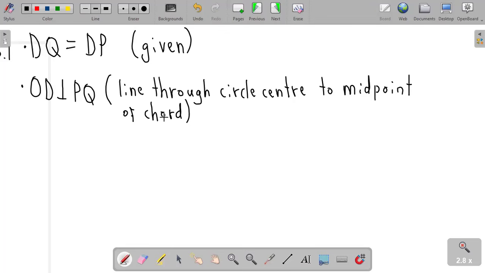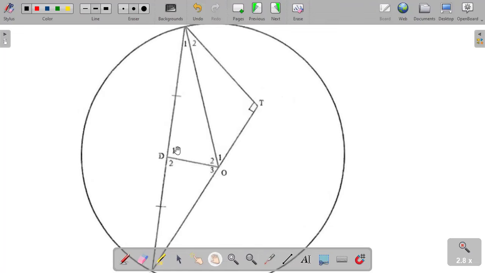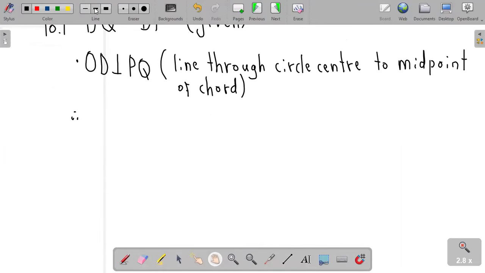So this means that therefore we can look here. This is 90. If it's perpendicular, it means that D1 plus T, because we know that D1 is 90 degrees because it's perpendicular, equals 180 degrees.